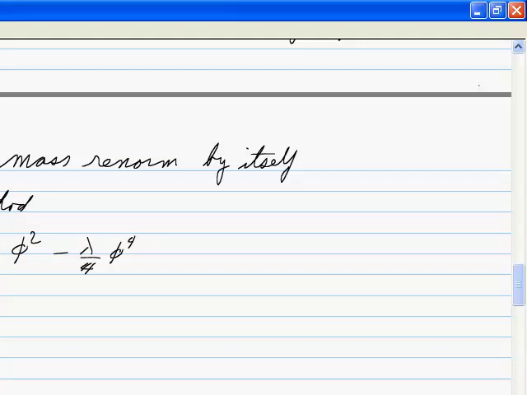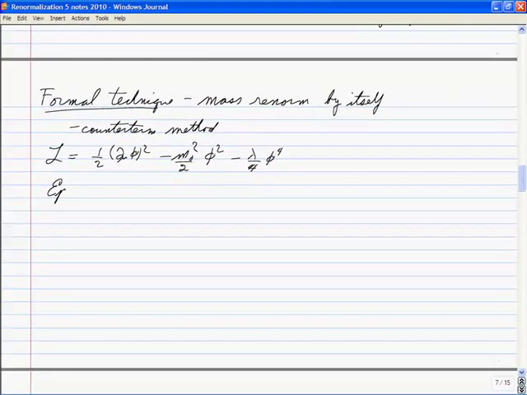That's not yet had the quantum corrections. But now I express it in terms of the physical mass. I don't yet know what it is, but let's just do it.